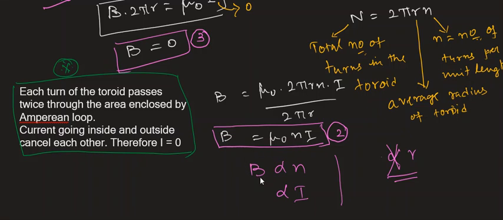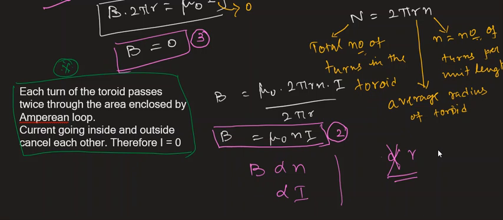So it has direct proportionality to the number of turns. When you increase the number of turns, the magnetic field increases. When you increase the current, the magnetic field also increases. But it has no dependence on what? The radius of the toroid. It is independent of the radius of the toroid. You understand? The question may be asked like this also: how is the magnetic field produced by the toroid inside not dependent on the radius?